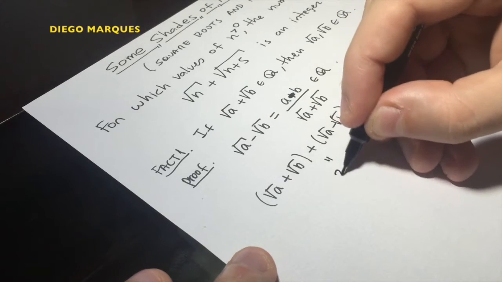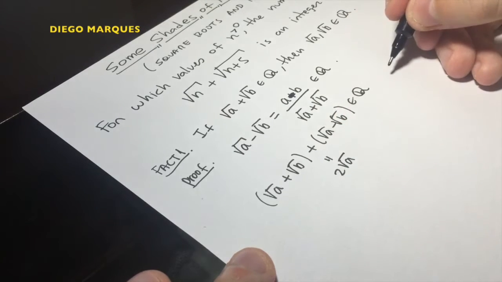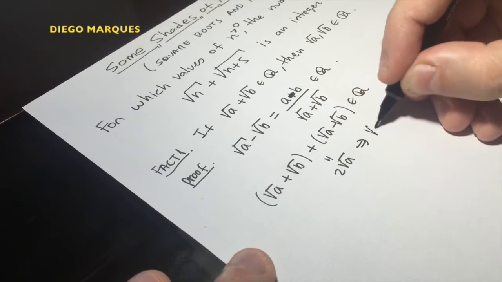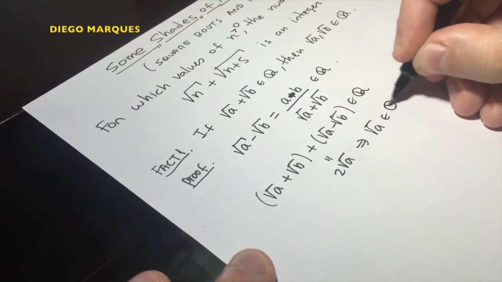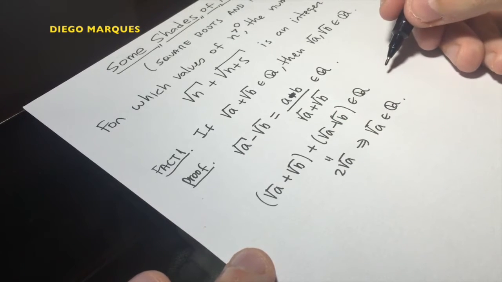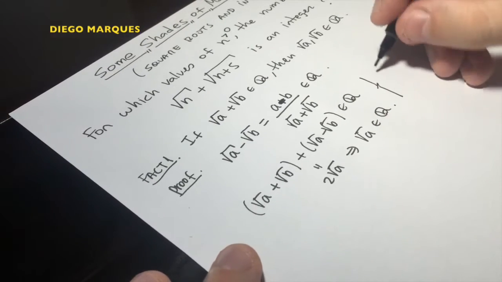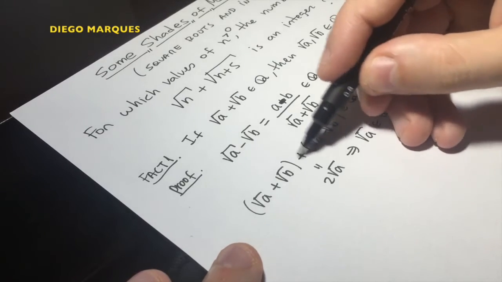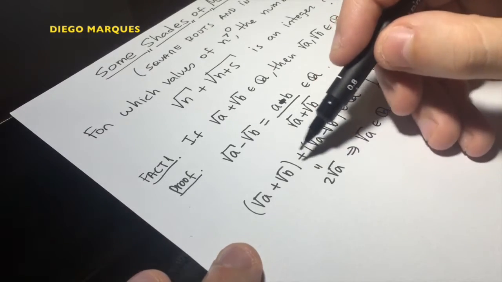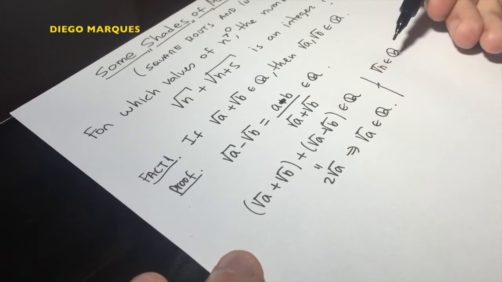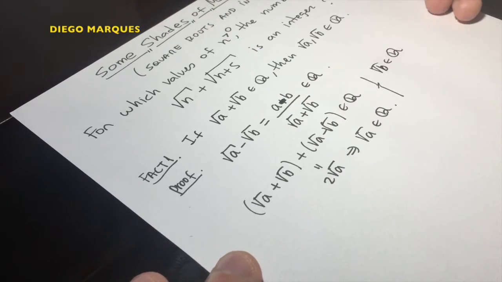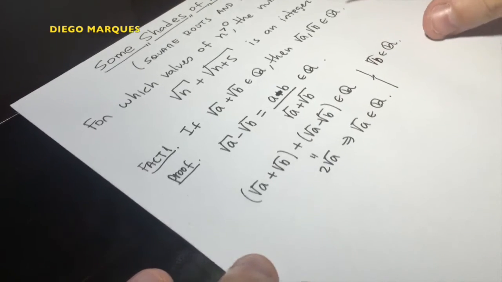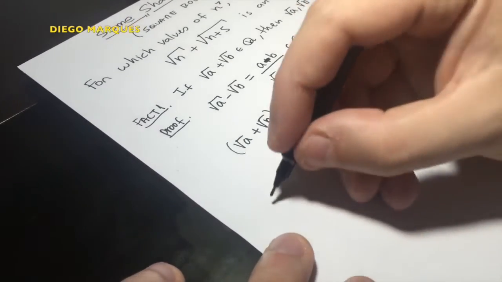But this is equal to 2 square root of a. And this implies that square root of a is a rational number. In the same way, we can prove that square root of b is rational by subtraction here, because we know that the subtraction of two rational numbers is still a rational number. So square root of b is a rational number. This is fact one.